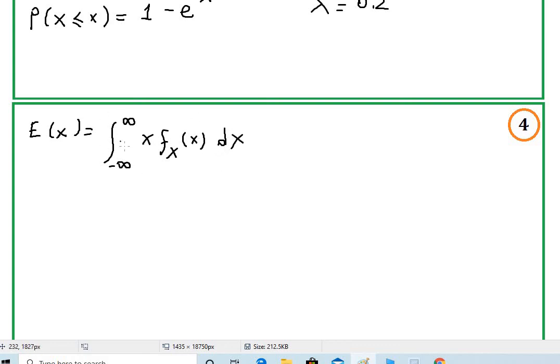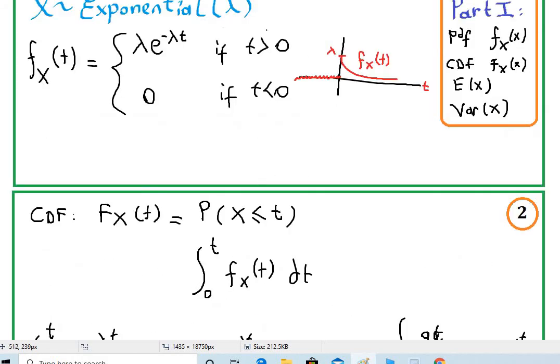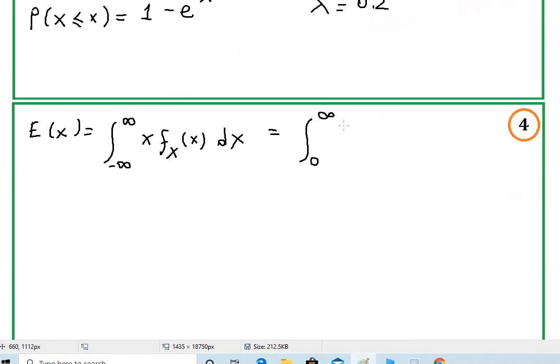We're going to apply this definition, and we can start our integral from 0 to infinity, because up to 0 we have no contribution to the area under the curve for the exponential random variable. If you check the probability density function, as you can see here, there is no contribution up to 0. So we're going to multiply x times lambda e to the negative lambda x dx.